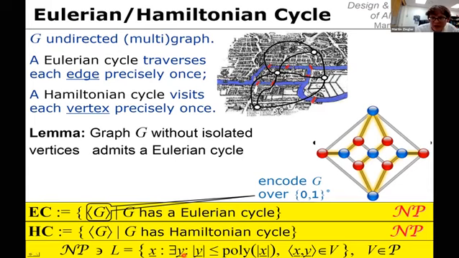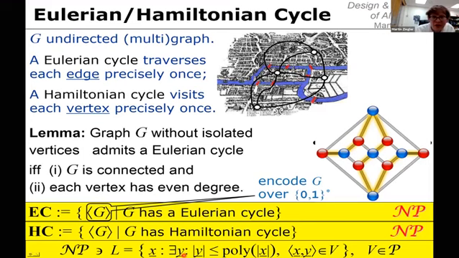And this polynomial time algorithm for the Eulerian cycle problem is based on the following purely mathematical statement, namely, if a graph has no isolated vertices, then this graph admits a Eulerian cycle if and only if it satisfies the following two properties.